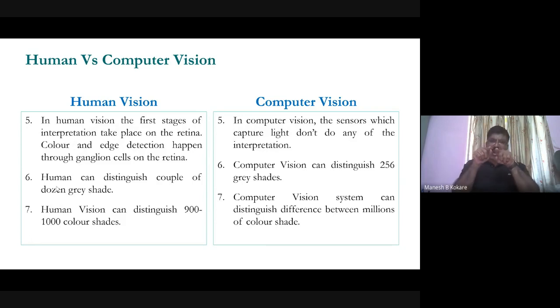Now, when you take any two consecutive pixels, as a human being, will you be able to identify the difference in the shade? It is very difficult.